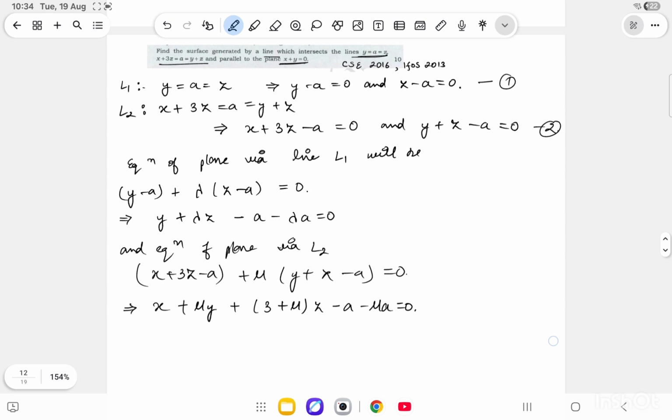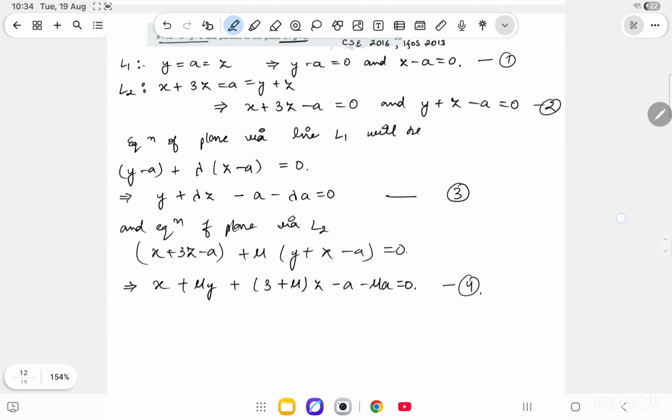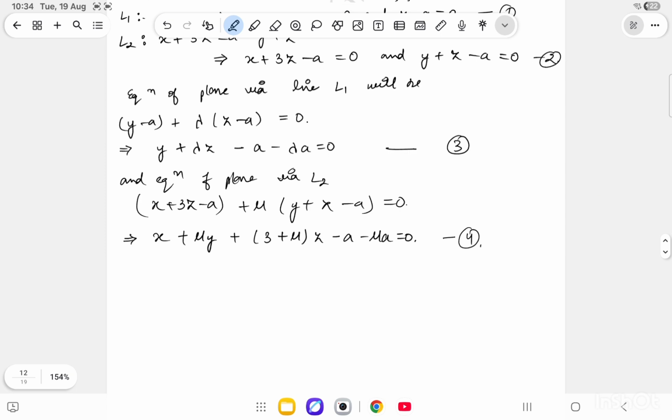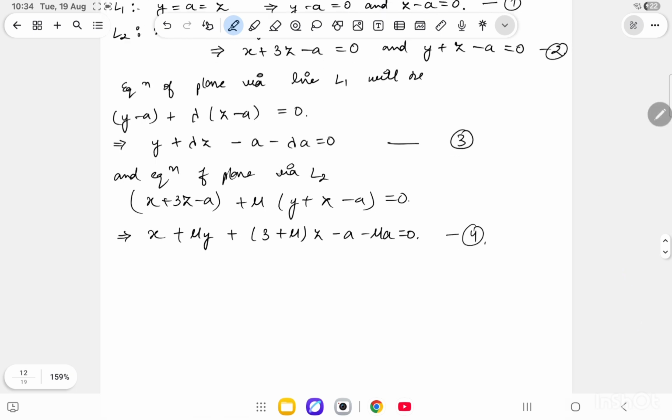So let me name these as 3 and 4. We are supposed to find a surface which intersects both lines L1 and L2. So the equation of a line intersecting both lines L1 and L2 will be the same as the equation of the line of intersection of plane 3 and plane 4.